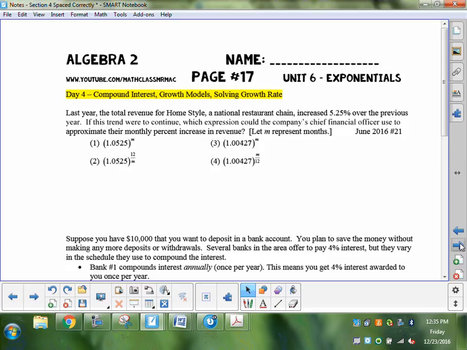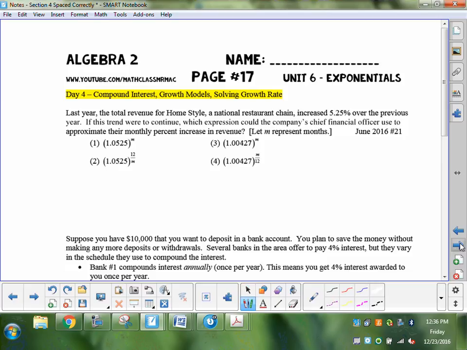Let's start off with this. Is this an exponential growth or decay question? Hands up, please, when you can answer that. This would be exponential growth.